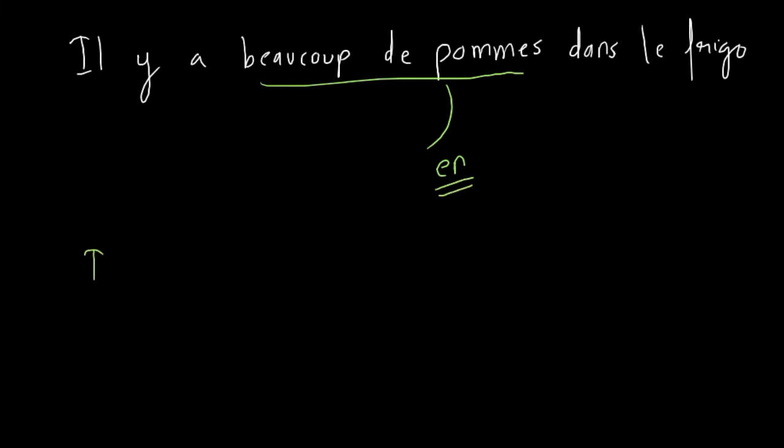So again we'll say il y en a beaucoup. Here actually in the sentence there was already y present. We understand this expression as il y a, but in il y a, y is already acting as a pronoun. So now we have a situation where we are using en and y. En will follow y. Y will come first, then there will be en.